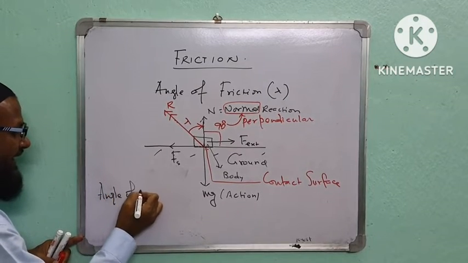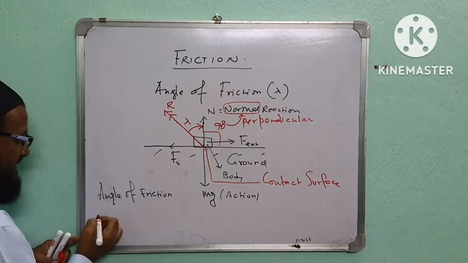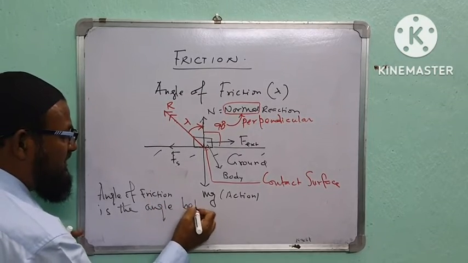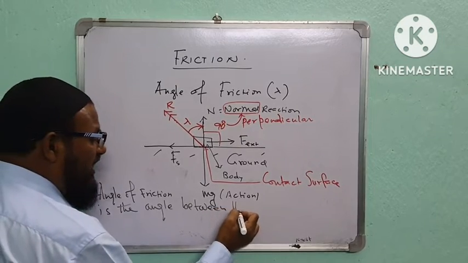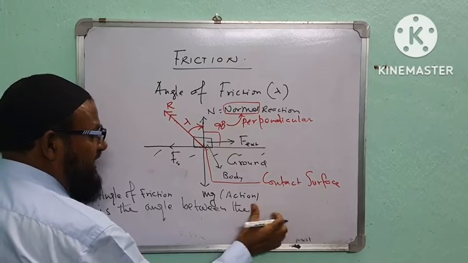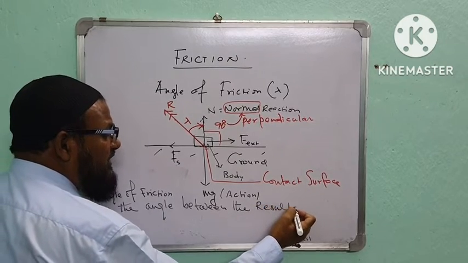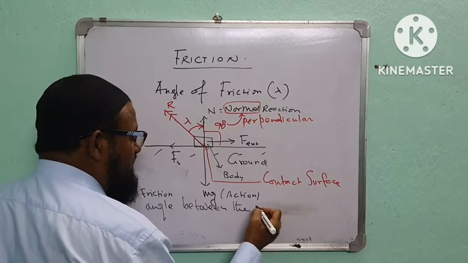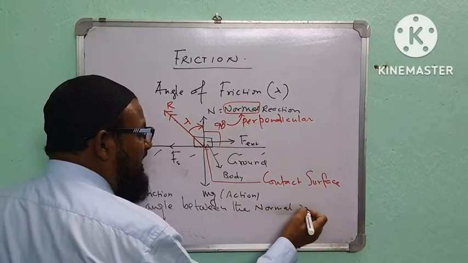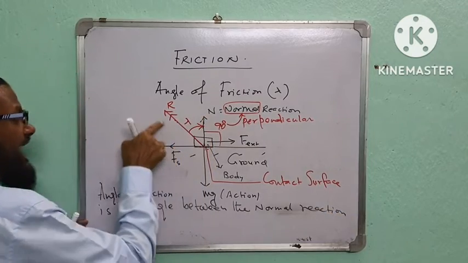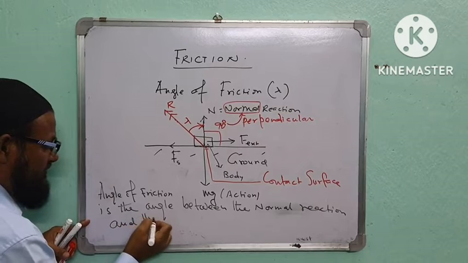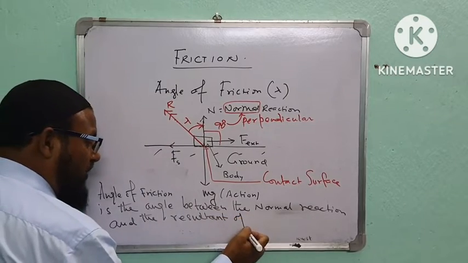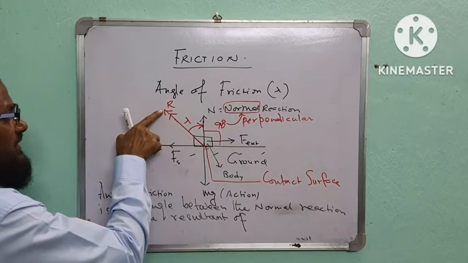The angle of friction is the angle between the normal reaction and the resultant.